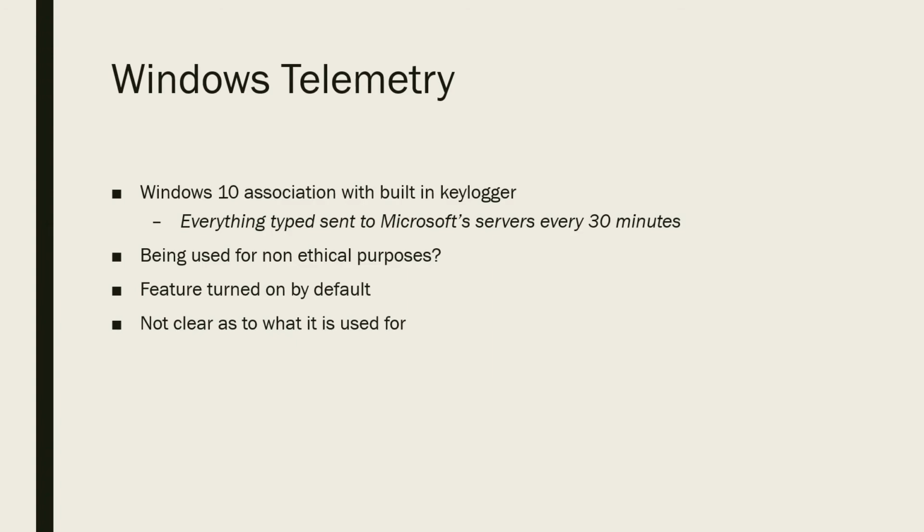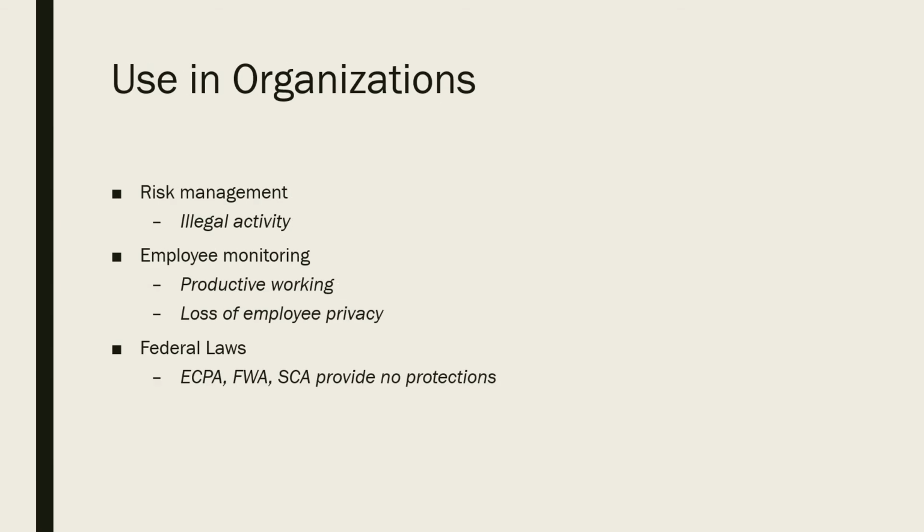You can turn off the feature, they just didn't tell you that it turned on, which is a little shady. It brings into question whether or not they're using it for ethical purposes. Windows' current stance is that it's only used for data analysis to better improve the user experience.